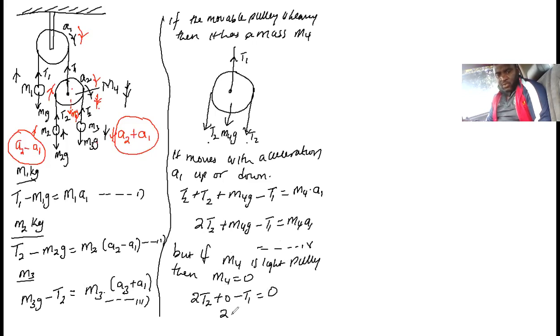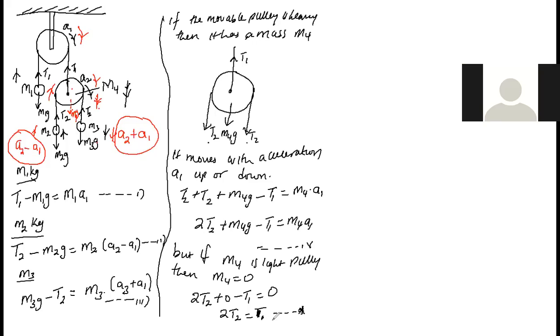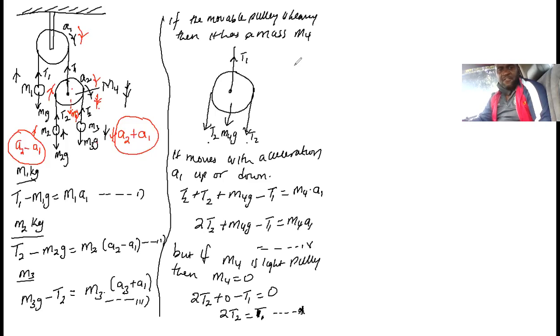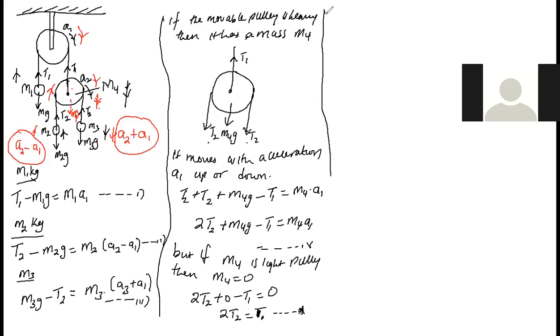Therefore, always 2T2 is equal to T1. That is occurring if and only if they have told you the pulley, which is movable, is light. So M4 would be 0. So those are the basic definitions and the basic equations we require.